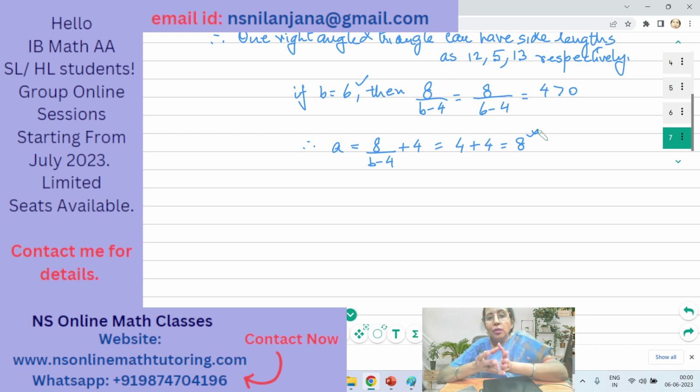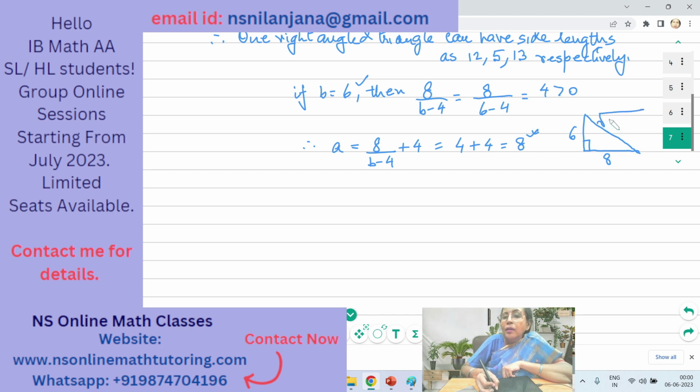What about the area and the perimeter? This is 8, this is 6, and that is square root of 6 square plus 8 square, which is equal to 10.